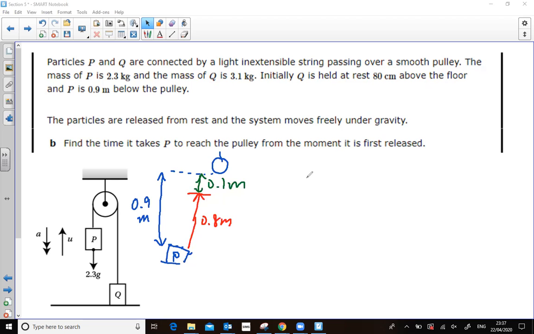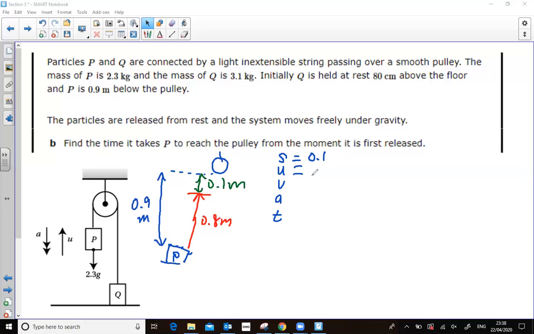So let's write down our SUVAT: S, U, V, A, and T. From this moment, if you look at the green part I'm writing here, for this part of the journey, P will continue to travel for another 0.1 meter to reach the pulley.